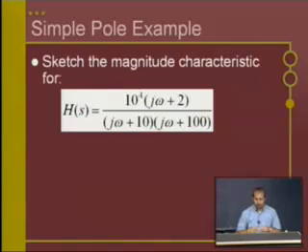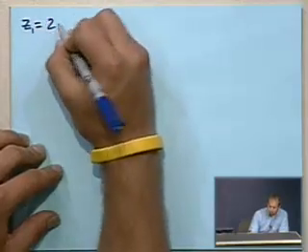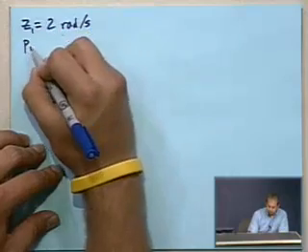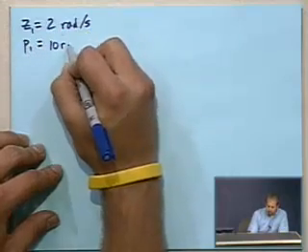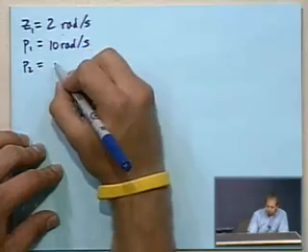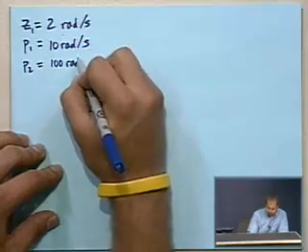For this one, there's a zero frequency at 2 radians per second, a pole frequency at 10 radians per second, and another pole at 100 radians per second.